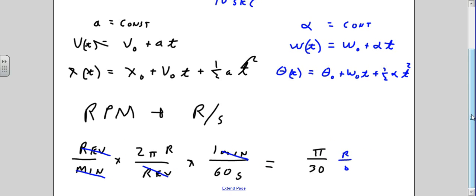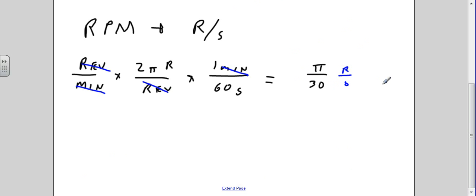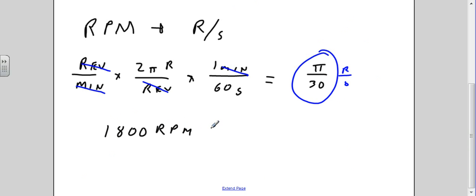All right, so translated into English, if we remember that number, then whenever we see 1800 revolutions per minute, and we multiply it by pi over 30, we will get an answer in radians per second, which is what we need.